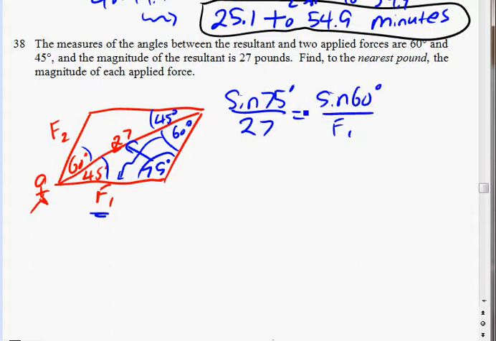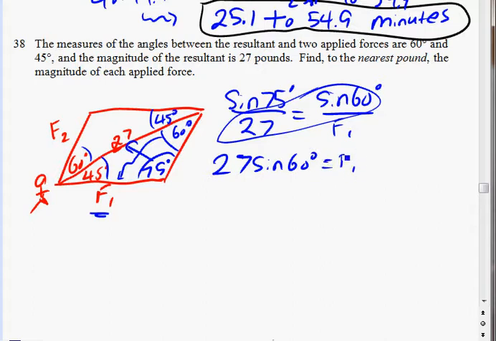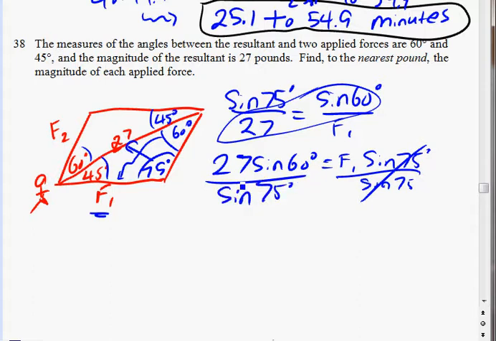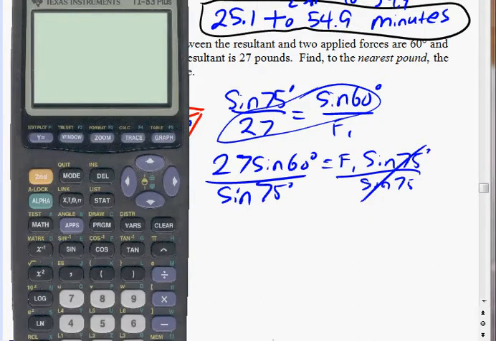Let's cross multiply. So we have 27 sine 60 degrees equals F1 sine 75. Now we're going to divide by sine 75 to move it over here. Take out our graphing calculator, and we should be able to solve this.